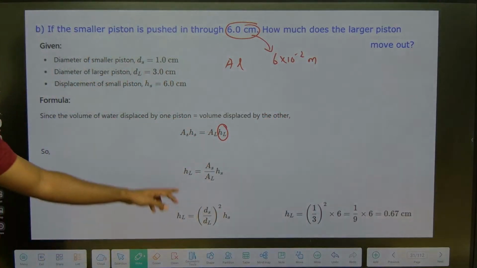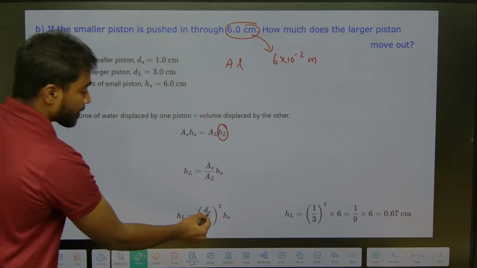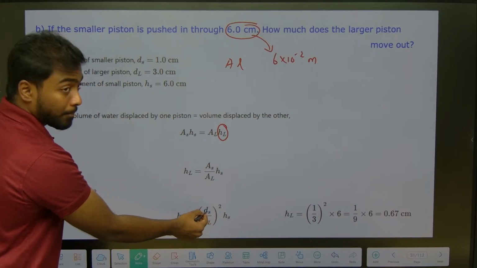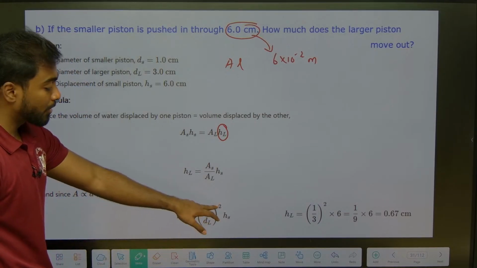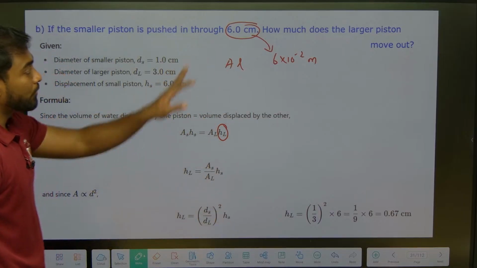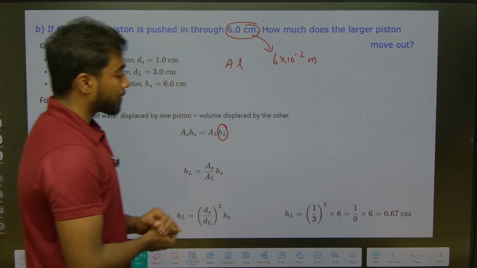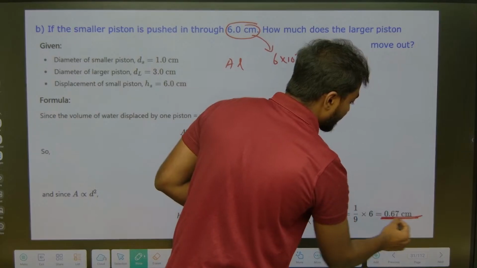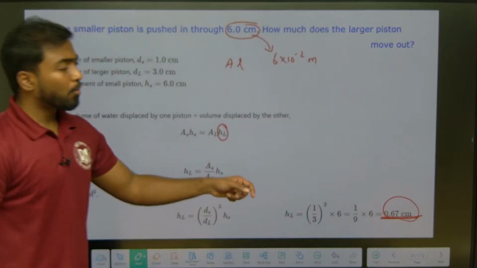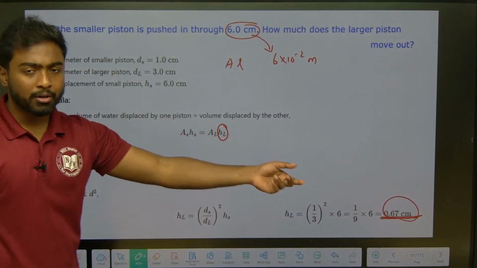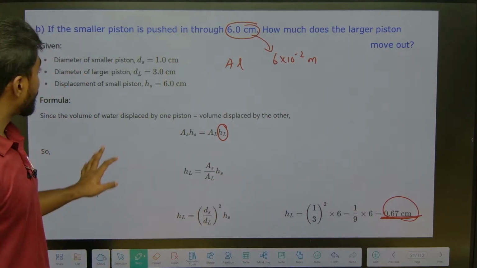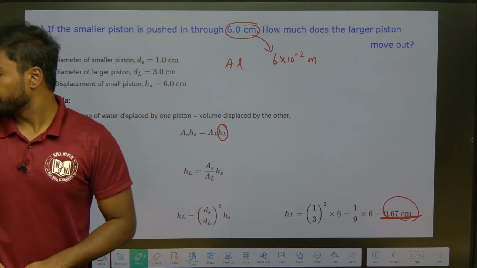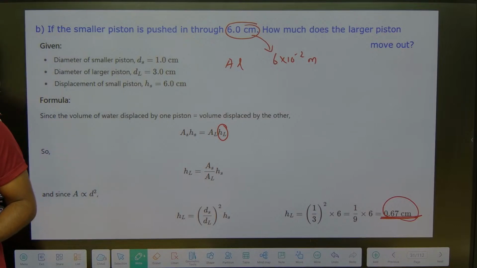So it is the diameter of the small piston divided by the diameter of the larger piston, the whole square, into the height of the smaller piston. We get 0.67 centimeter, or we can convert it into meter also. So this is the second part of the question. Got it?